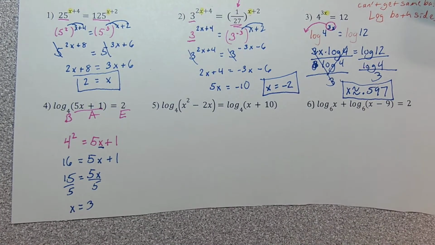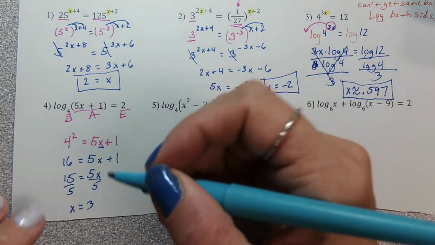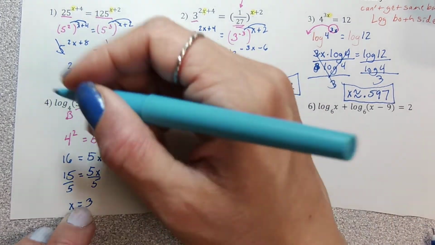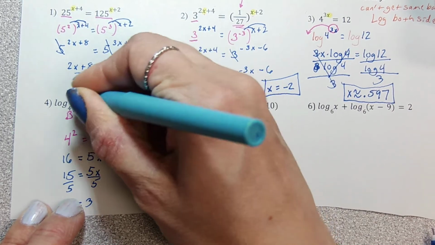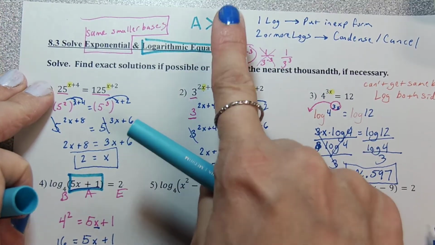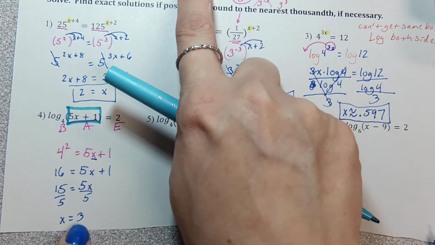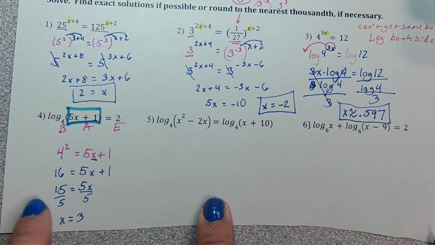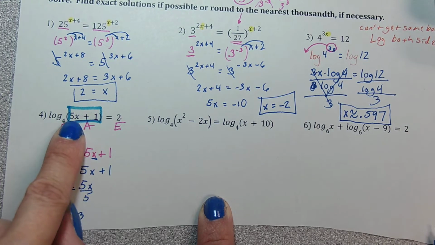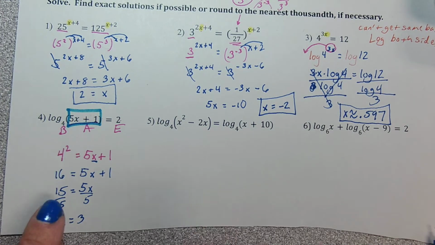Now, before we put a box around it, we have to check for extraneous solutions. So I need to make sure that this guy doesn't make the answer part of my log less than or equal to 0. The answer part has to be greater than 0. So if I plug in 3, I get 5 times 3 is 15, plus 1 is 16.